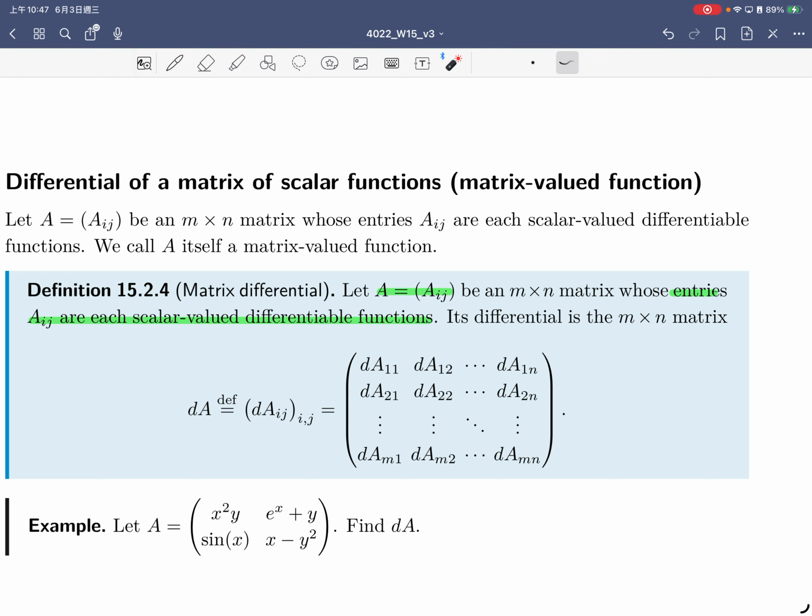Then in this case, how do I define its differential? It's defined to be the differential term by term, like this. And a matrix of scalar valued functions, sometimes we call it a matrix valued function. So a matrix of scalar functions is called a matrix valued function.